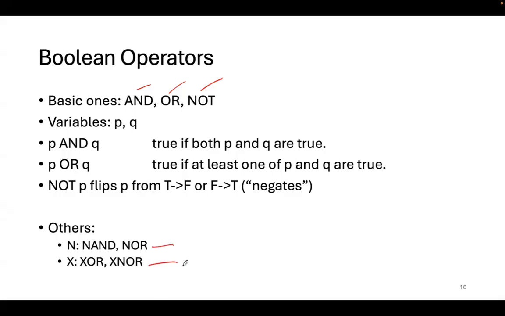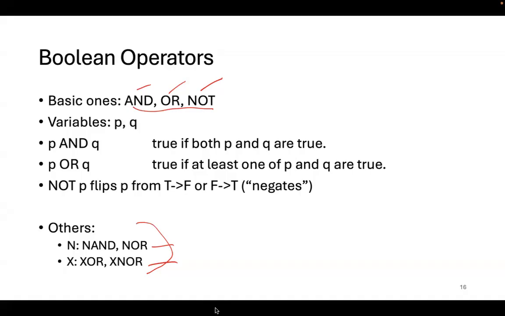There are some others. Has anybody heard of logic gates? If you take a computer systems class, they'll talk about logic gates, where these operations together can make pretty much anything you can make in a computer.